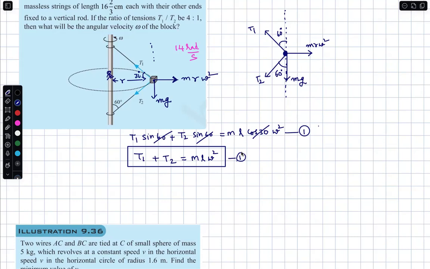What else do you have? They have given T1 by T2 as 4:1. They are clearly given that. T1 is 4T2. So 4T2 plus T2, 5T2, is m l omega square.